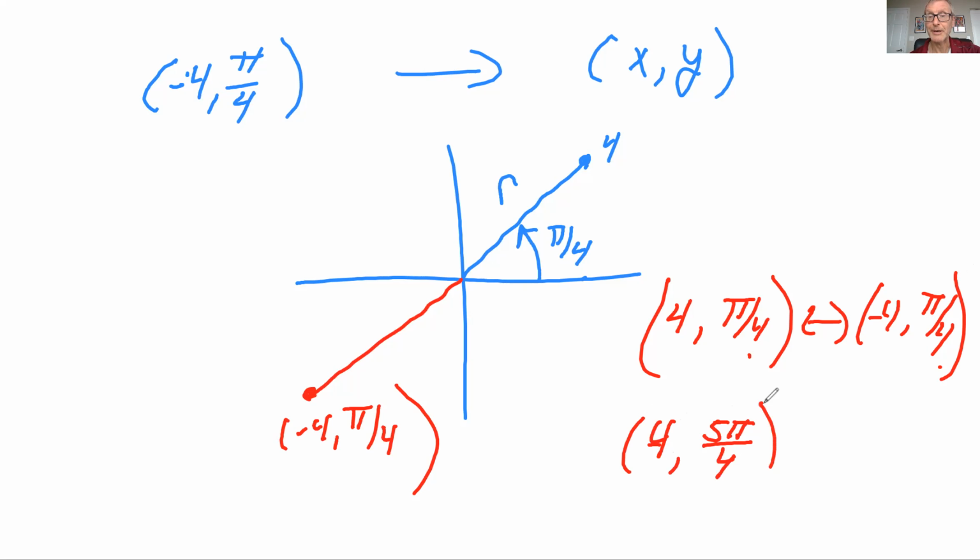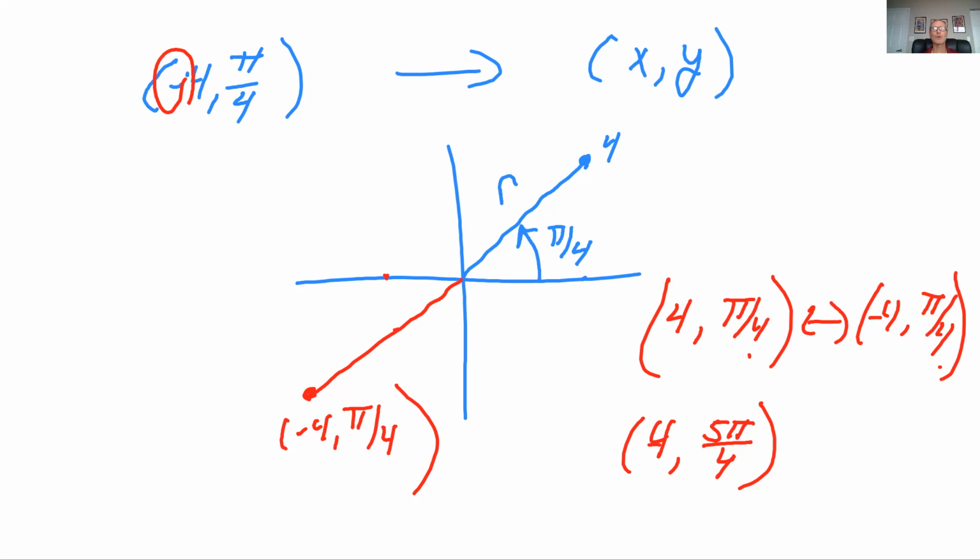You add pi to pi over 4, you see it flips around. Here's pi, and this would be 4 pi over 4, and then 5 pi over 4 does that. So the way to think about this negative is as a 180-degree phase shift from the original R value. I know I'm throwing a lot out at you with regards to this.